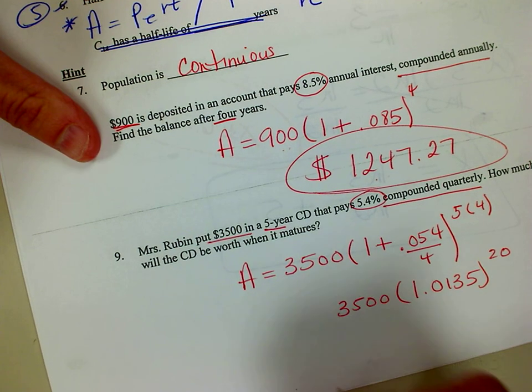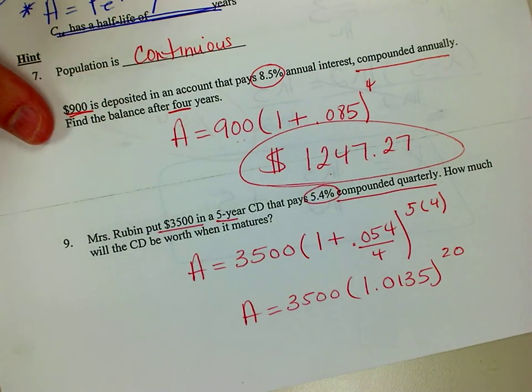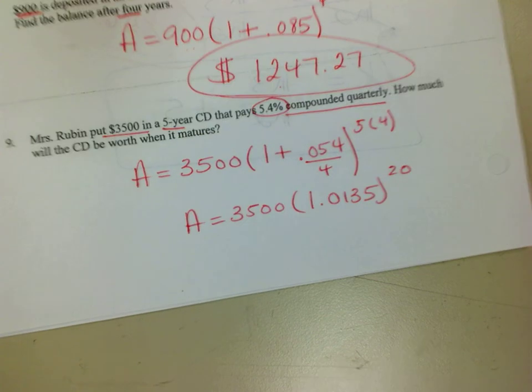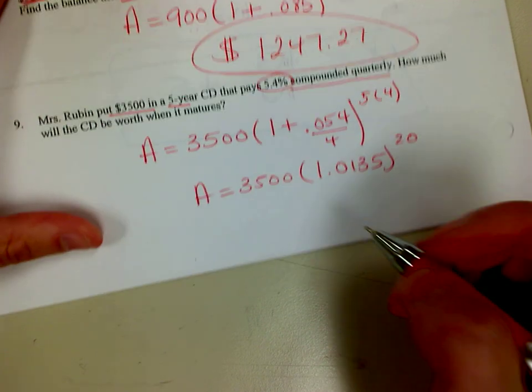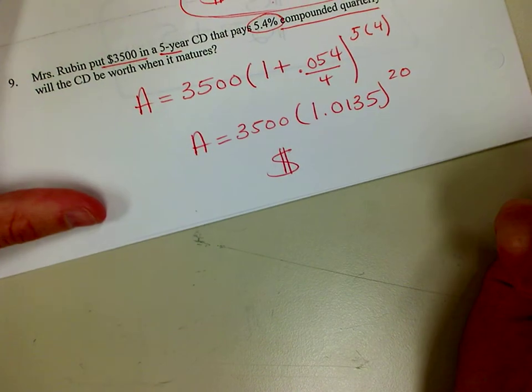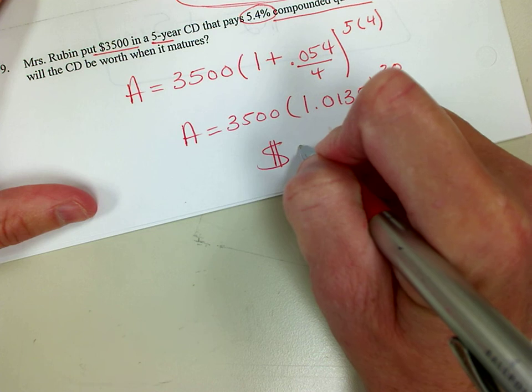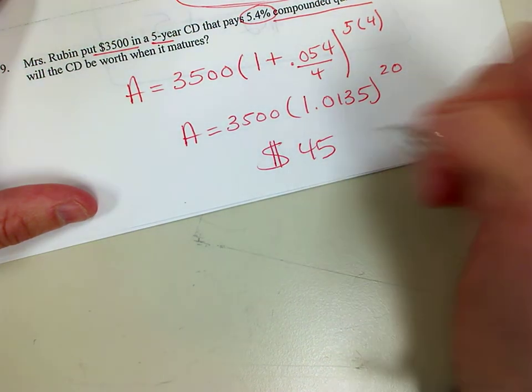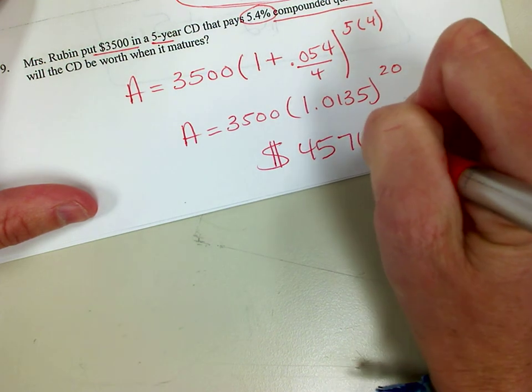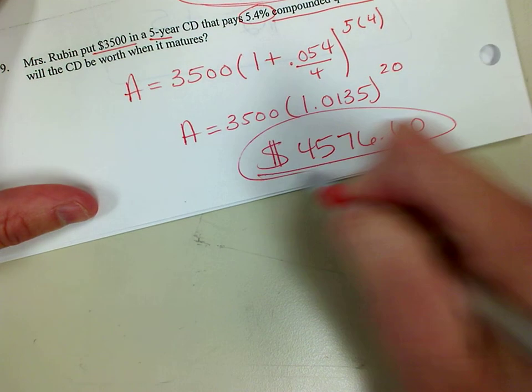Okay, so once you condense it a little bit, now you can put all that in your calculator. And again, you are earning money off of this certificate of deposit. So after 5 years, $4,576.60.